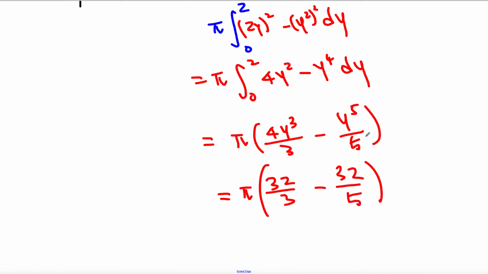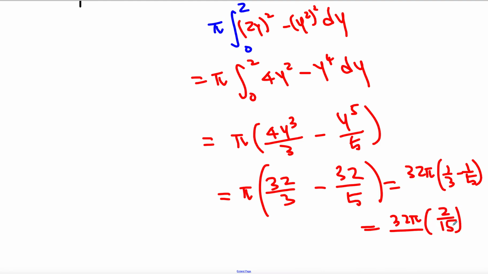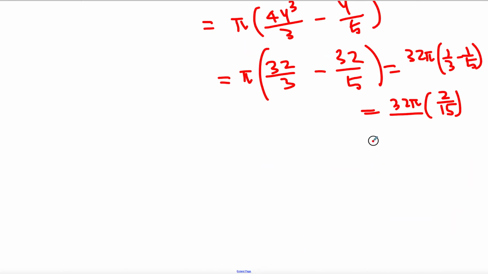And when you plug in 0, both of them become 0. So I'm going to factor out 32, so we get 32 pi times 1/3 minus 1/5. And when you do 1/3 minus 1/5, we get 32 pi times 2 over 15. In other words, 64 pi over 15 becomes my answer for number 9.